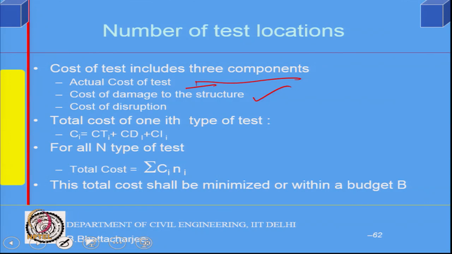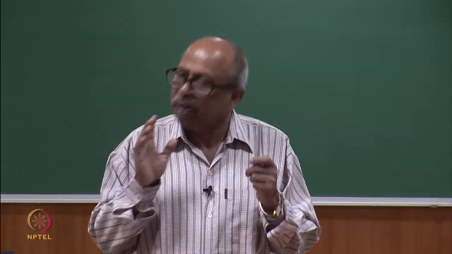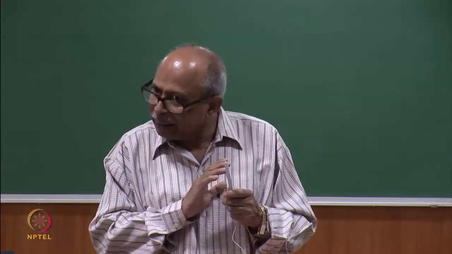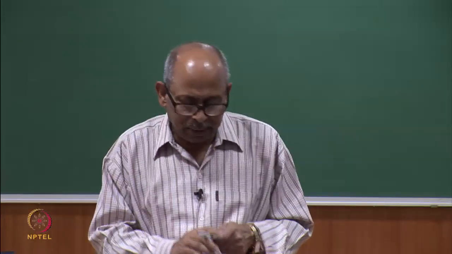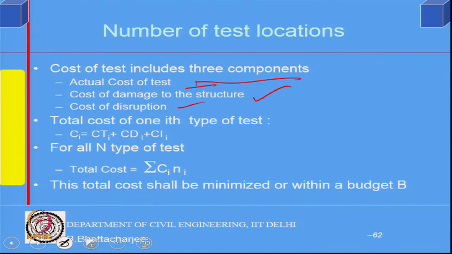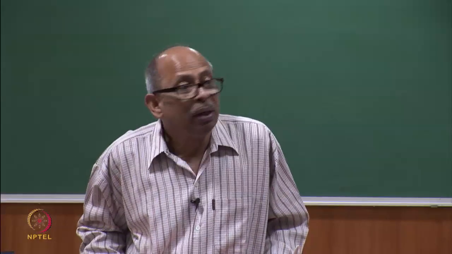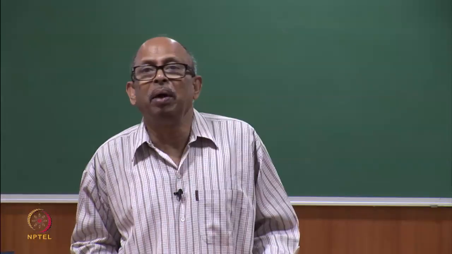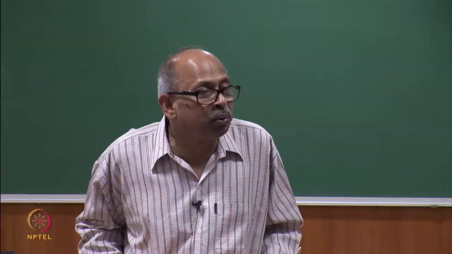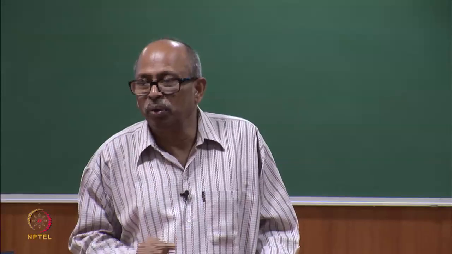So, the more tests you do, the more damage to the structure. In some cases there is no damage, so this cost is 0, but if there is damage, then that is included. Then cost of disruption. If you are stopping the activity, not allowing traffic to pass through the bridge or not allowing a class to occur in a classroom, there is a disruption cost involved.